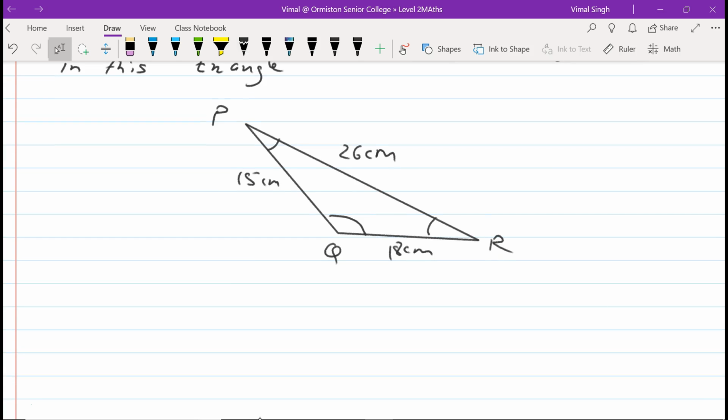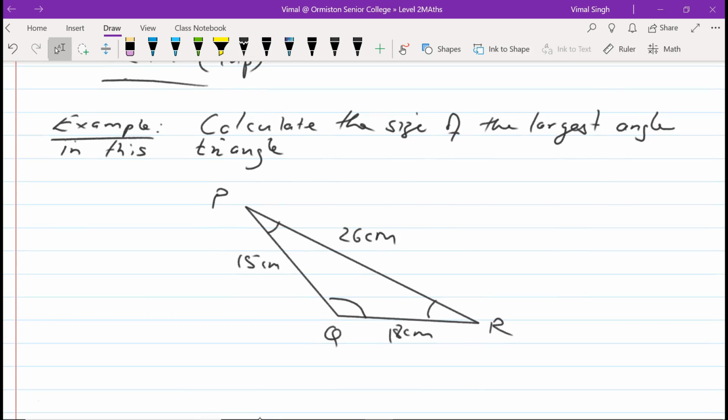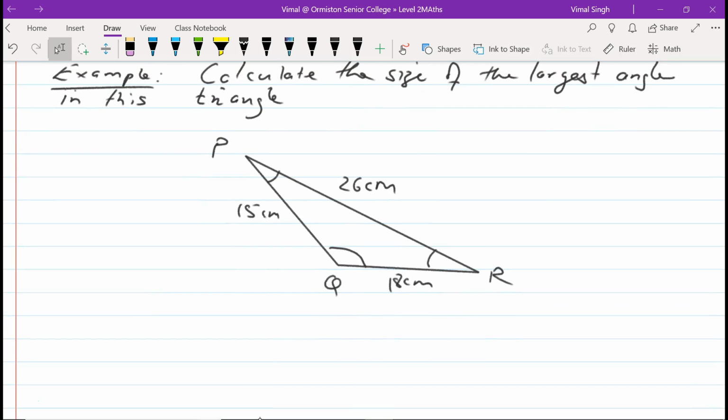So I can go and write my rule over here. Q is equal to 26, P is equal to 18 and R is equal to 15.